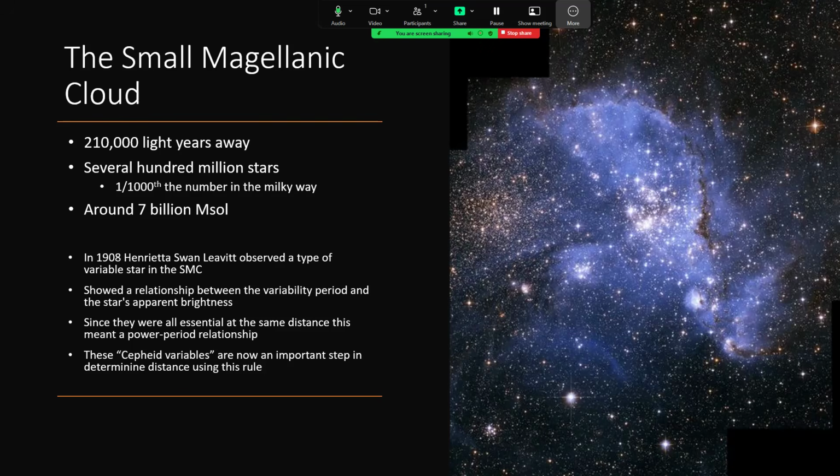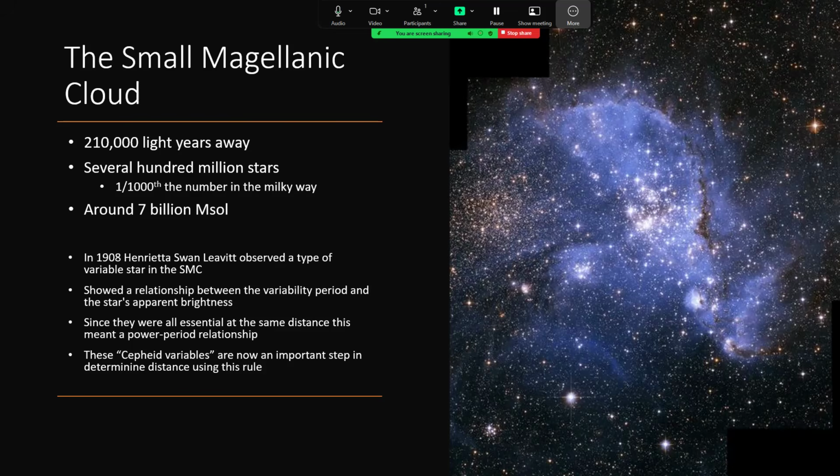If it's twice as far away, you would receive a quarter as much light. 3 times as far away, 1/9 as much light. So the standard candle rule can be applied to these variables, which we now call Cepheid variables, after the first star of this type, Delta Cephei, that was discovered. So an amazing achievement and really, really helpful.